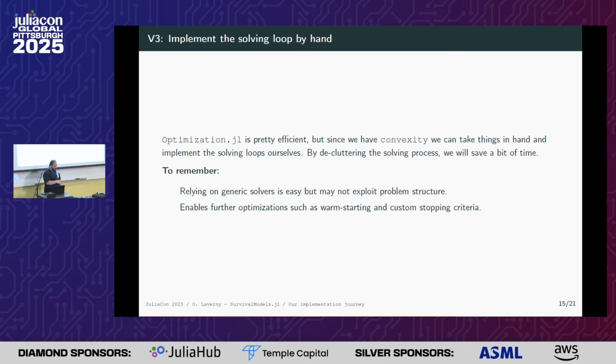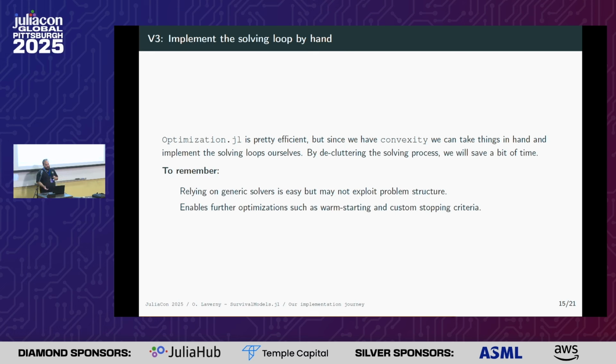And the version 3 that I have, the next idea that we had was to simply get rid of the optimization.jl and implement ourselves the solving loop. In particular, to have the opportunity to pick very carefully the stopping conditions to be certain that we stop when we want, instead of using some default that we don't control.